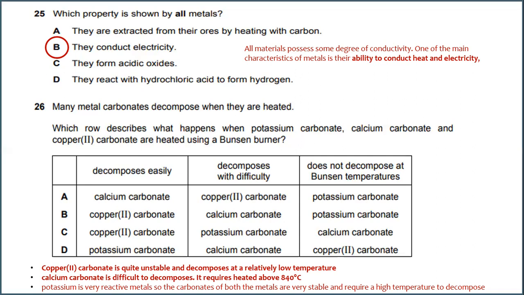And finally, we have does not decompose at Bunsen temperature. Potassium is a very reactive metal, so its carbonate is very stable and requires high temperature to decompose. So the answer for number 26 would be B.